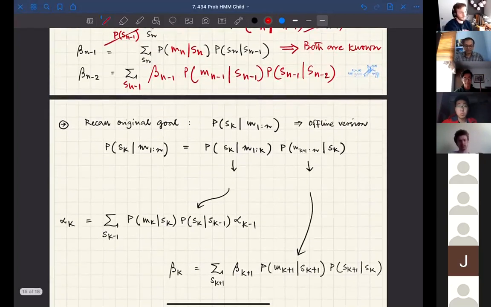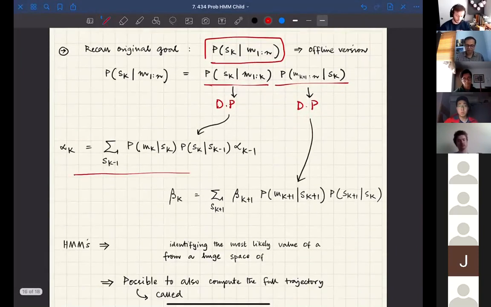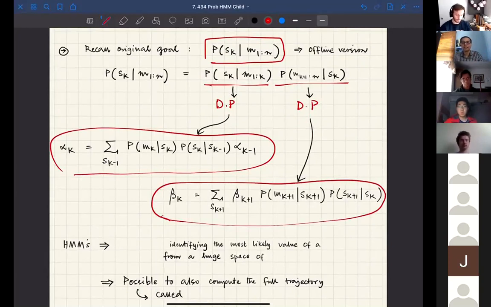Okay. So recall, originally we wanted Google to find this. That's the offline version. We decomposed that into the forward version, which turned out to be a dynamic program, and the backward version, which also turned out to be a dynamic program. And therefore I can estimate where the user is using all pieces of information.